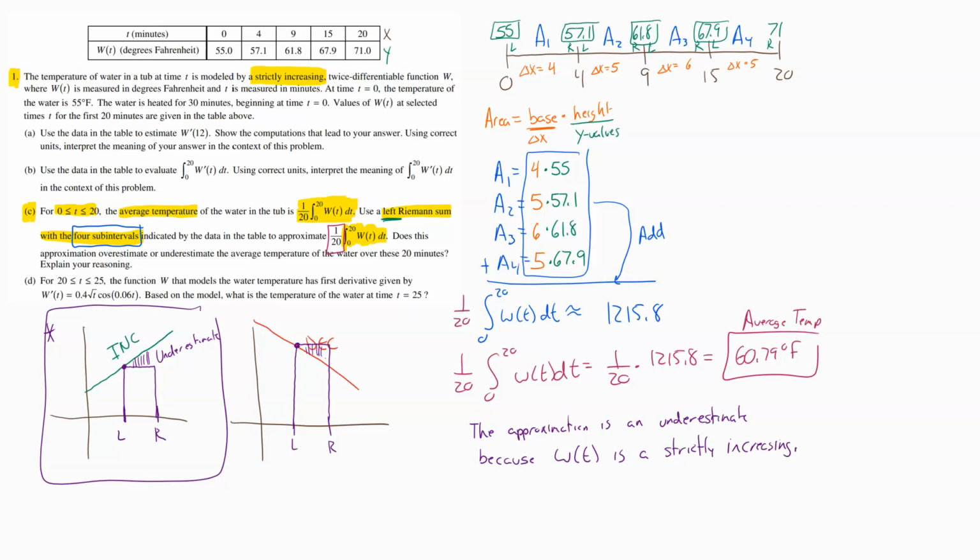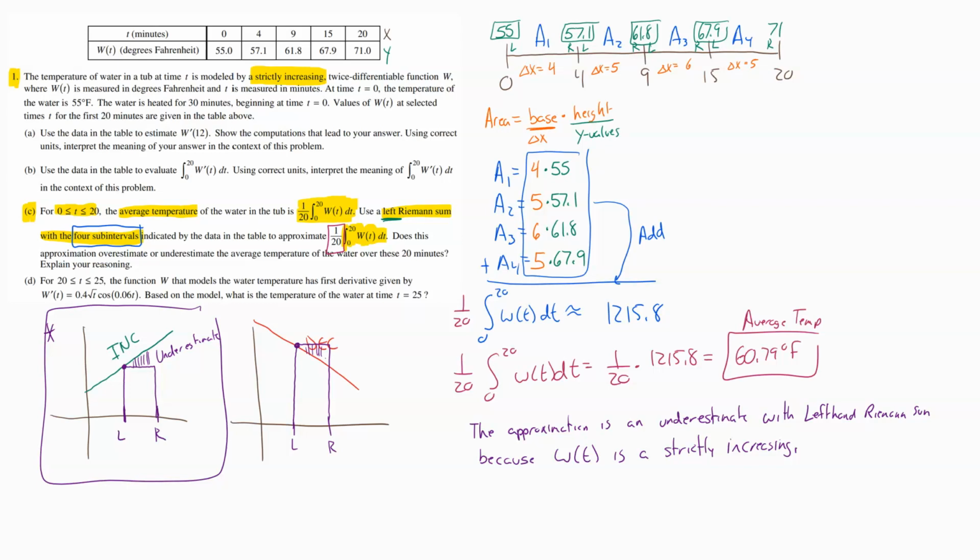And they use that language in that problem up at the top. So when we go through this, you might want to say it's an underestimate with the left hand Riemann sum, because W(t) is strictly increasing. So that would be our sentence.